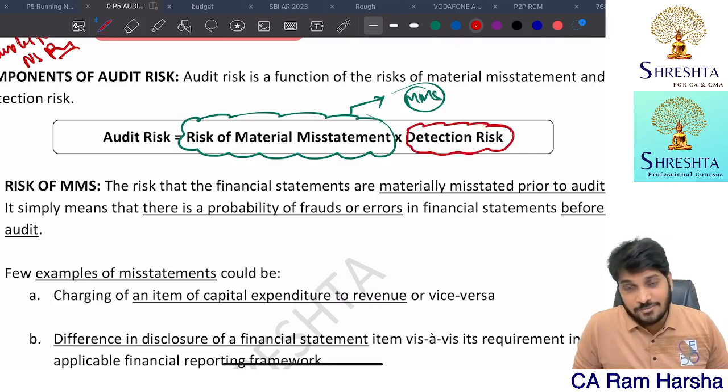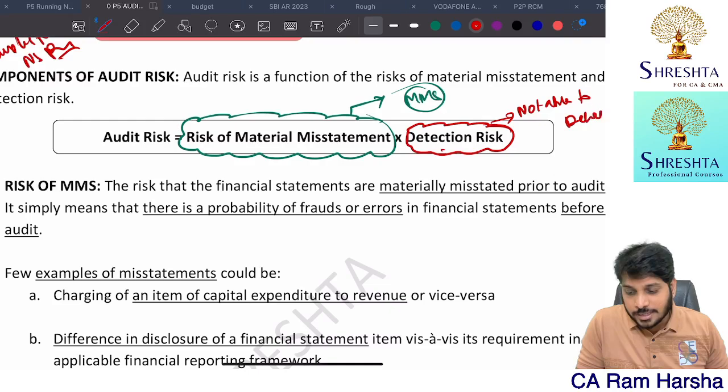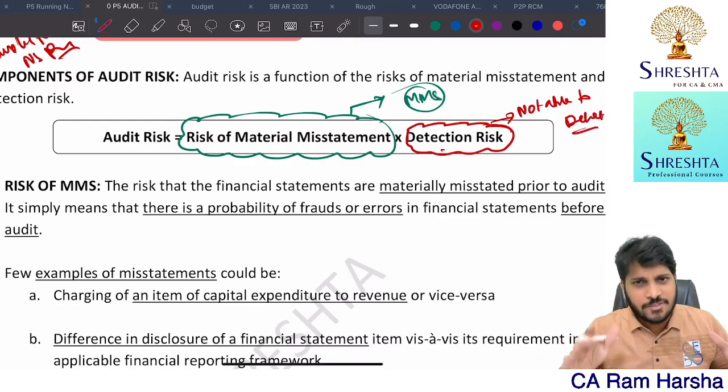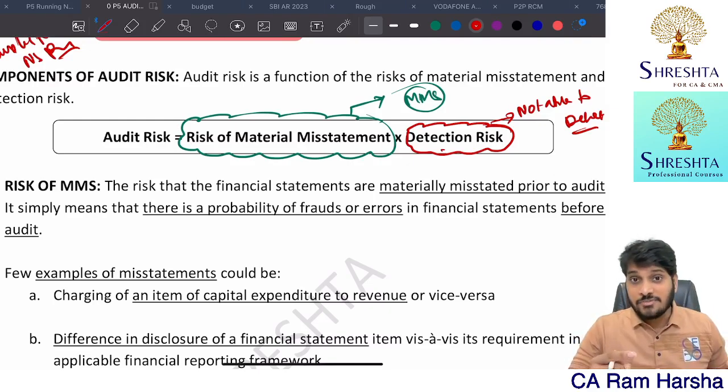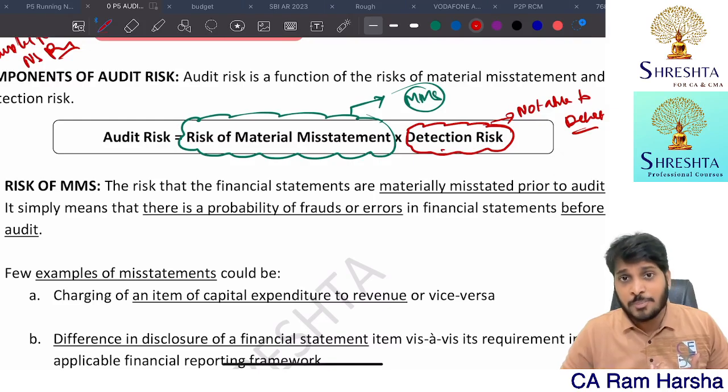You are not identifying them in audit. Detection risk means not being able to detect. That is the reason. Obviously, every company's financial statements will contain mistakes for sure. If you identify them, risk is reduced. Now, how? If you identify, you will not give unqualified opinion. You will give a qualified opinion or adverse opinion.